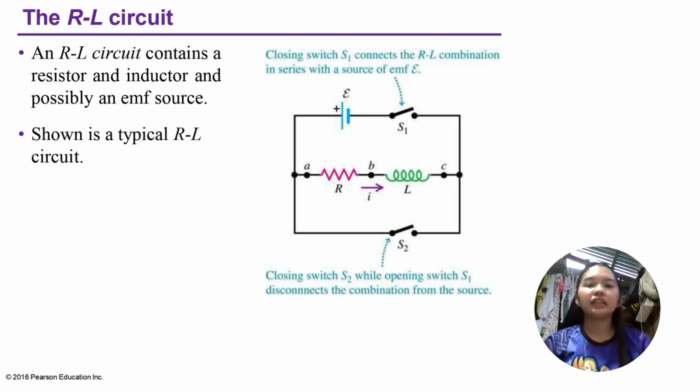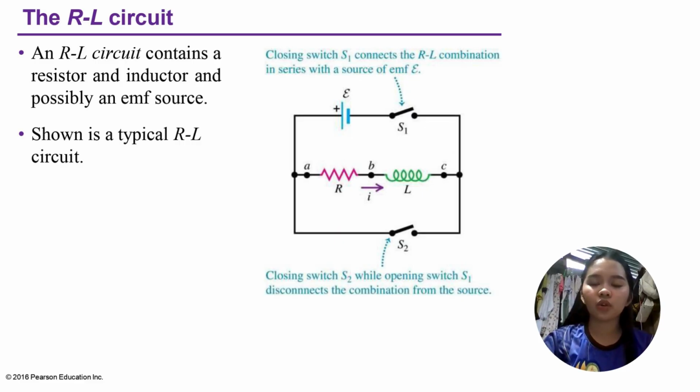Now let's analyze circuits containing both resistors and inductors, known as RL circuits. These circuits exhibit time-dependent behavior due to the inductor's opposition to changes in current. The diagram shows a typical RL circuit with a switch that can connect the circuit to a voltage source or short it.